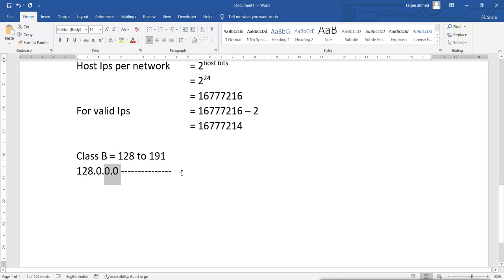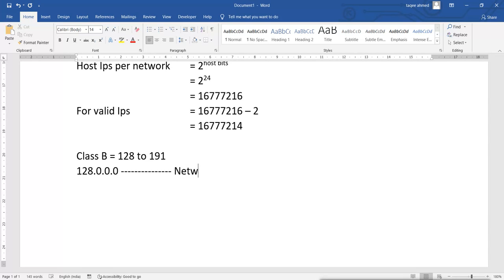Now whenever you see the host bits are 0 in any IP, it is considered a network address.